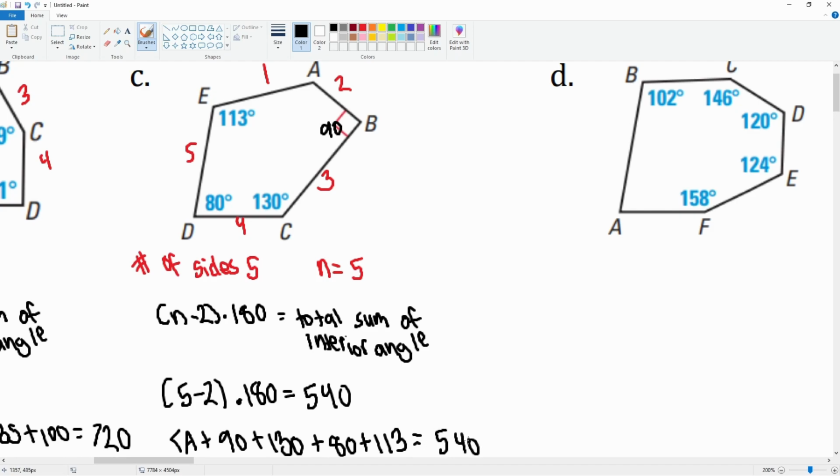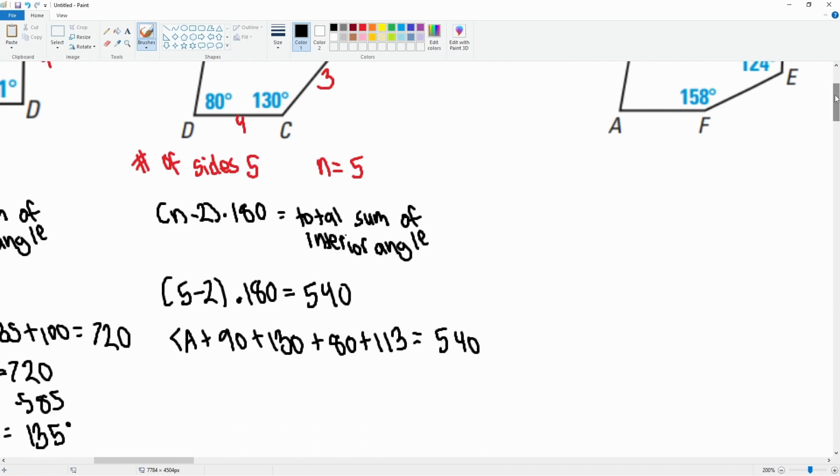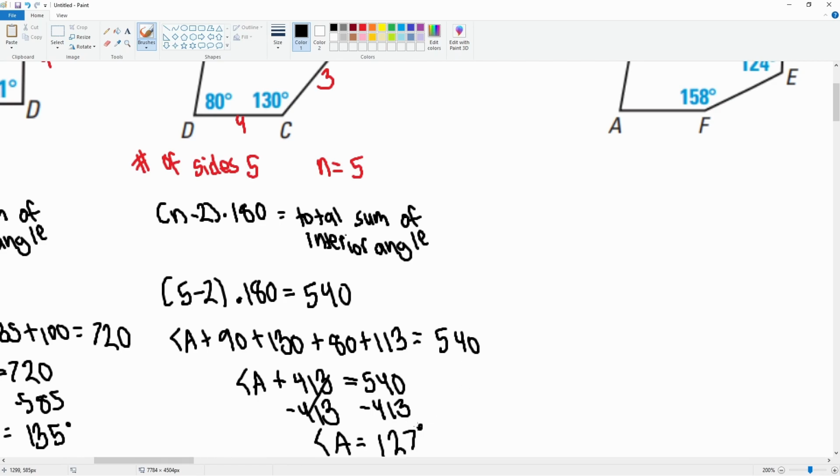Let's combine some like terms. 90 plus 130 plus 80 plus 113 is 413. Angle A plus 413 is equal to 540. Subtract 413 from both sides. We can say angle A is equal to 127 degrees.